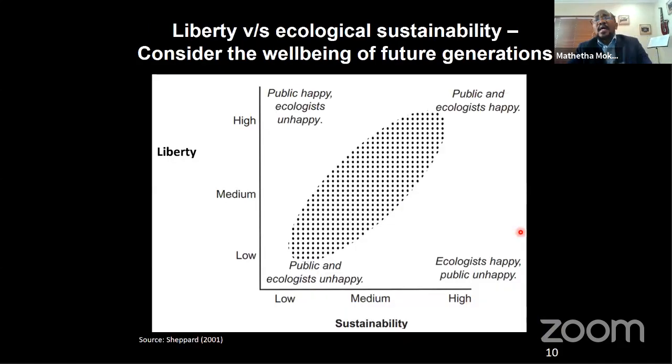balancing acts. And the old argument of liberty versus ecological sustainability, more and more at a policy level, we need to be cognizant that there is a need to balance ecological sustainability on the one side with liberty.